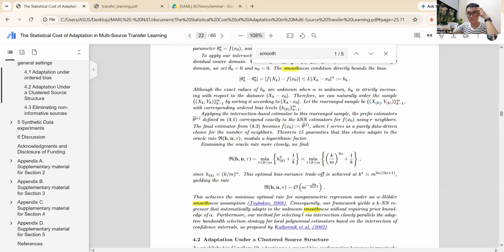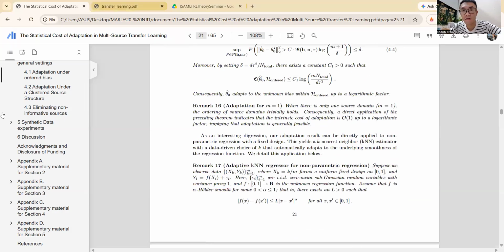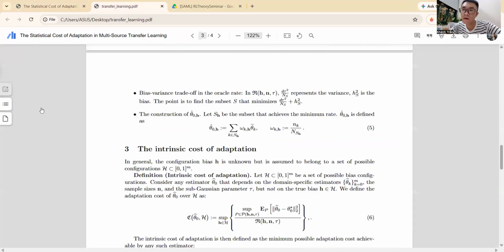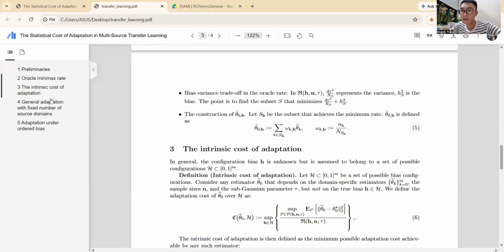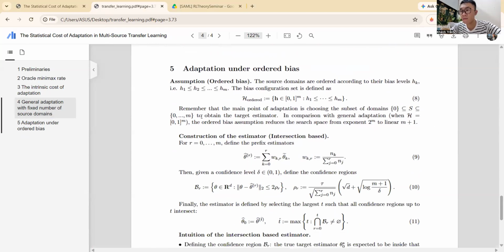There's no such result in... Could you show me how they rank the domain if they don't know yet? That's an assumption. You work on the setting where there's an order in the bias.